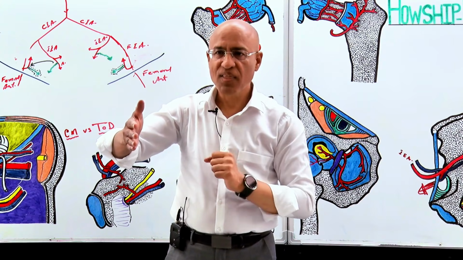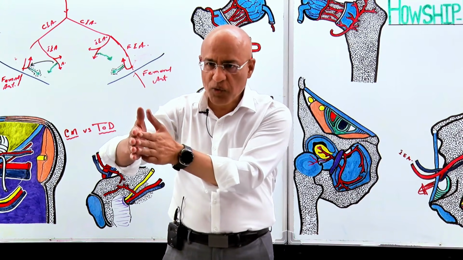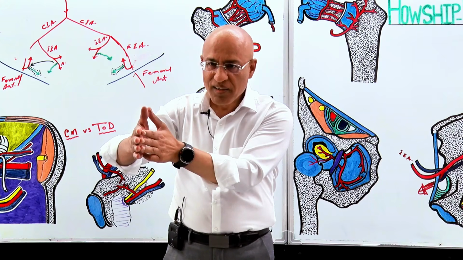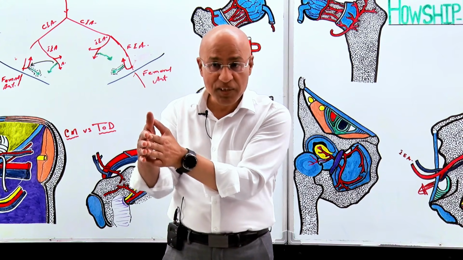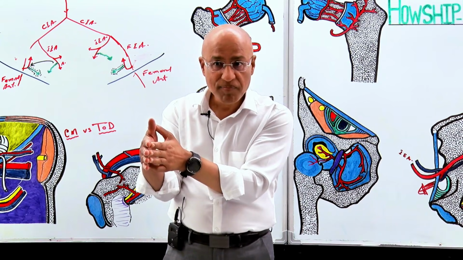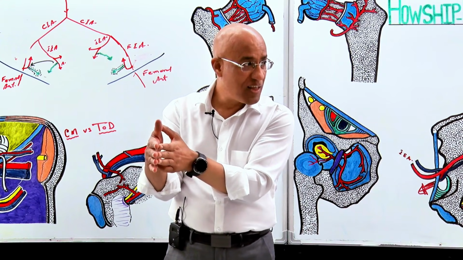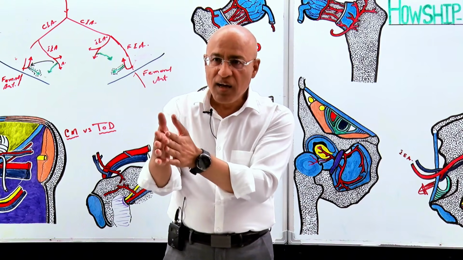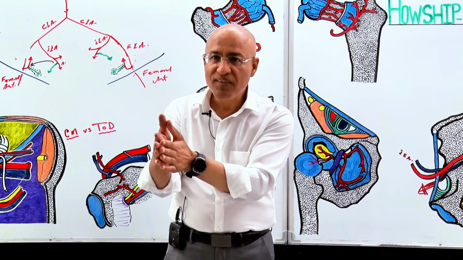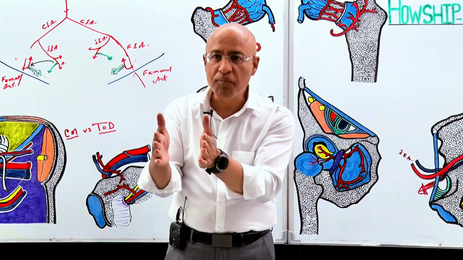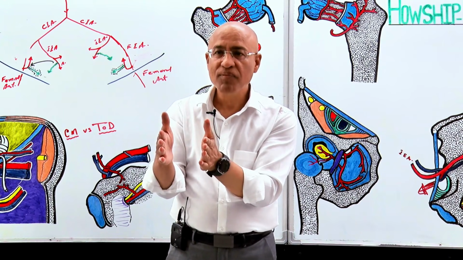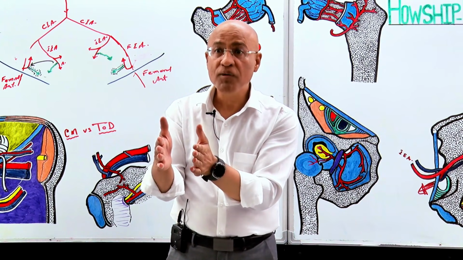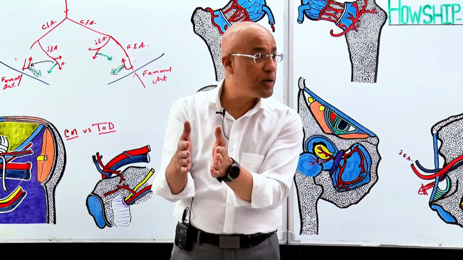Now another thing. These three lizards which are going on a wallpaper. What was that wallpaper? Obturator fascia. Actually, over this, there is a little bit of extraperitoneal fat. And more medially you come, there is peritoneum.